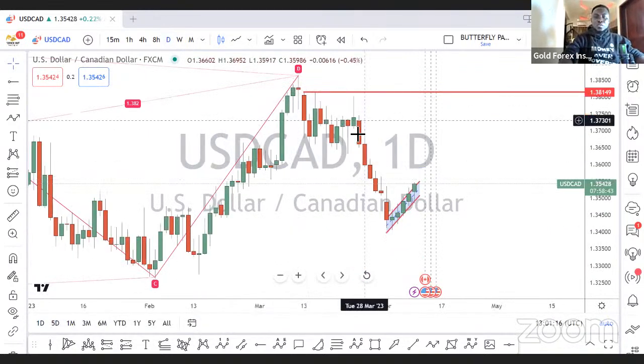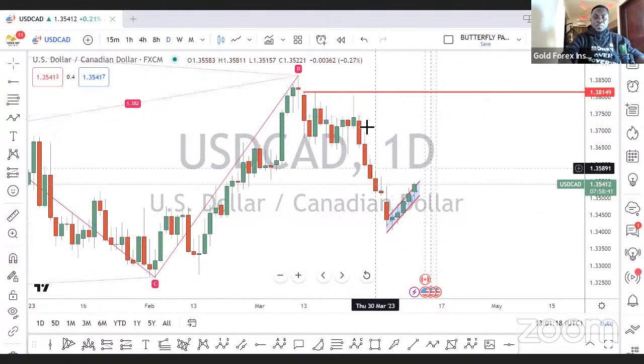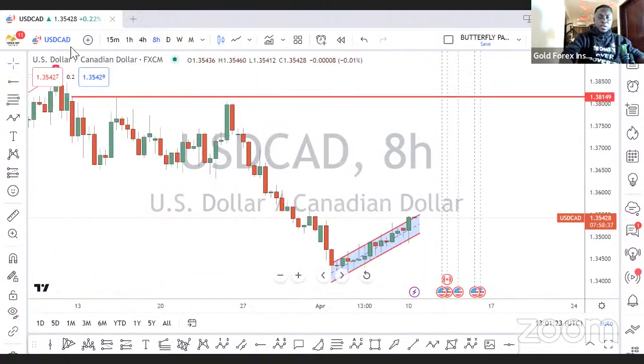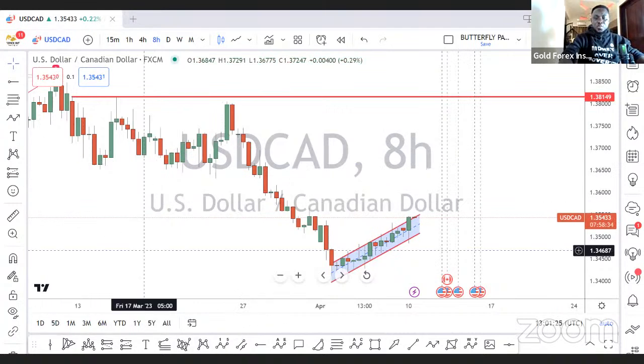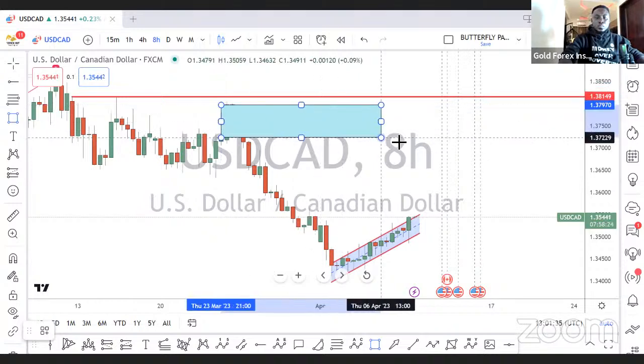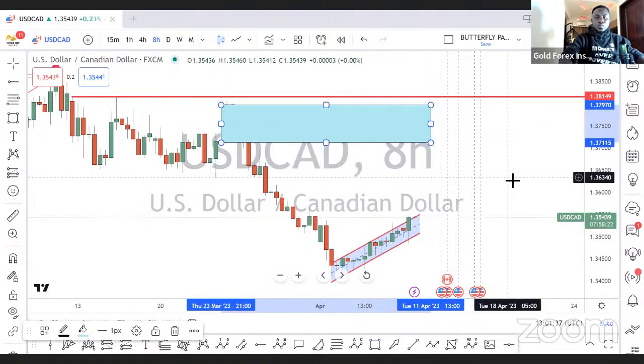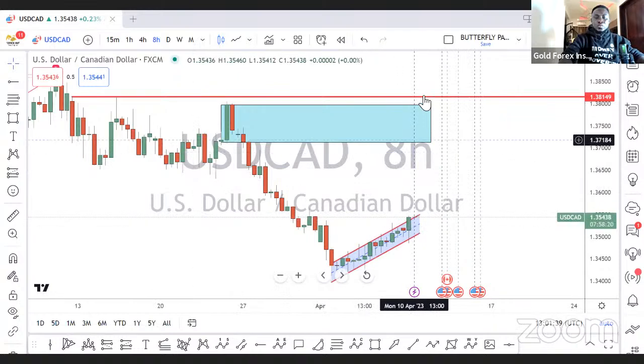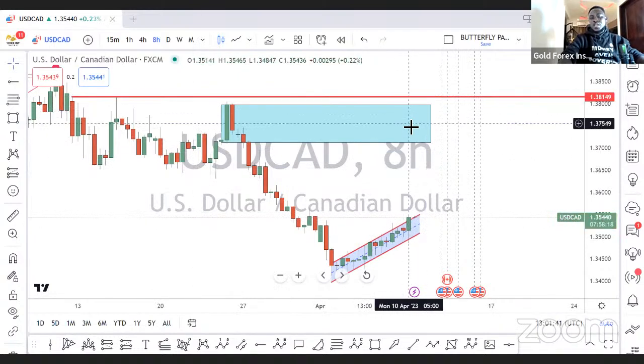So we can choose this zone if you want to be more precise.